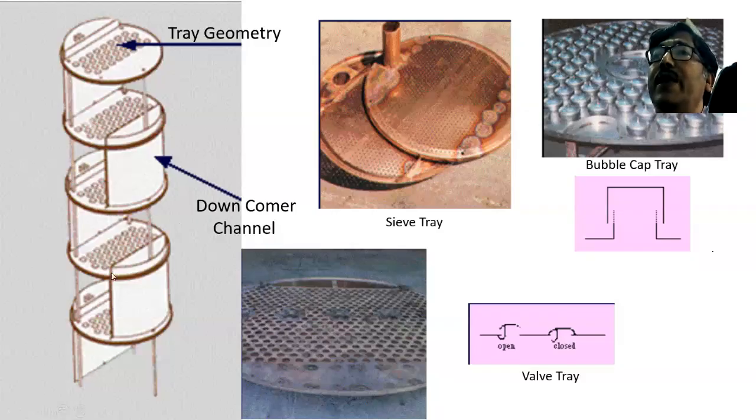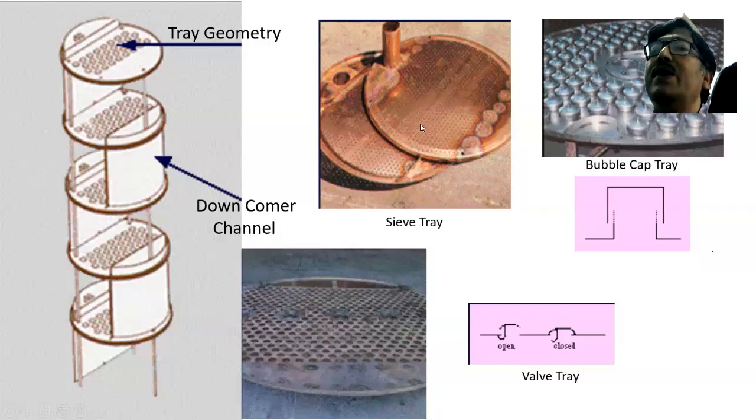Here, three types of plates have been shown. One is sieve tray. You can see the perforations there in the sieve trays. They are about 2 to 3 millimeter in diameter or even less. The main advantage of the sieve tray is that it is very easy to construct and less costly.